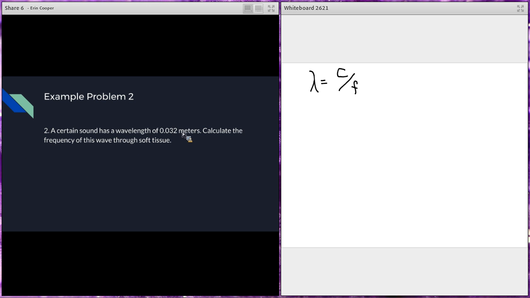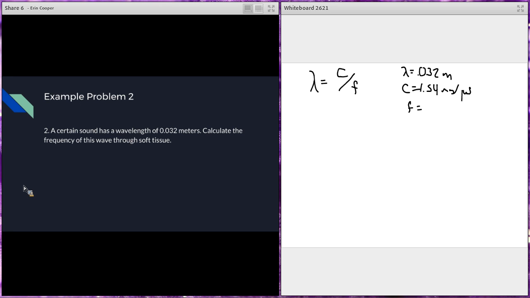However, in this case, we have 0.032 meters. And if we write that out, wavelength equals 0.032 meters. Prop speed is 1.454 millimeters per microsecond.